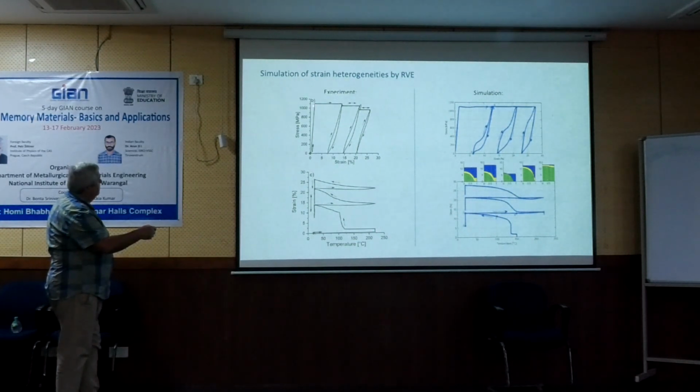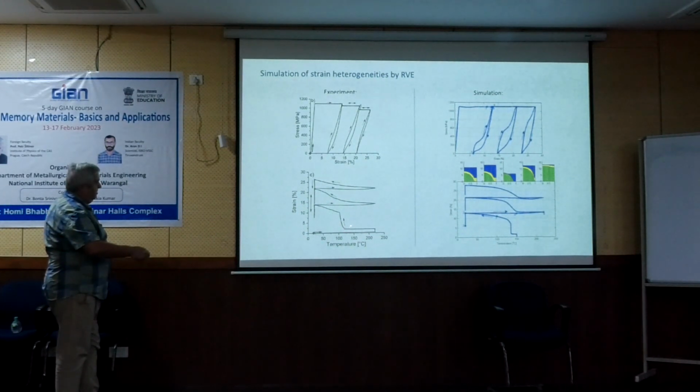In fact we load it up to 1100 megapascal here. So this is elastic loading in austenite up to 1100 megapascal, and then we are cooling, and when the transformation line is reached, it transforms into the martensite, and when you are heating, normally the transformation would go back.